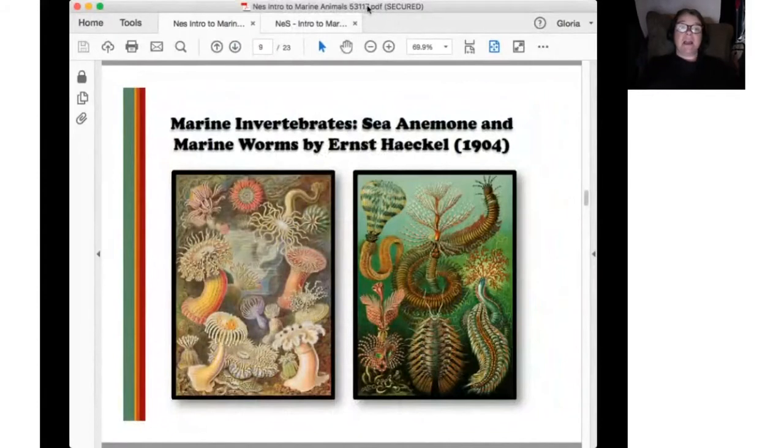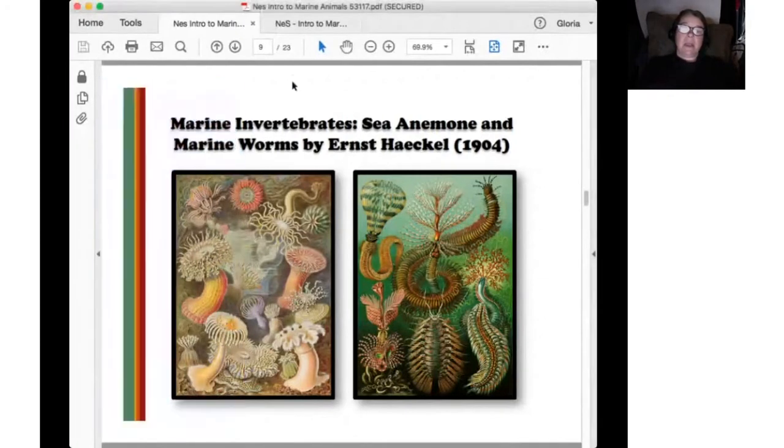Here we have a slide. These are marine invertebrate examples from Ernst Haeckel, whom we mentioned earlier. And these were done in 1904. Yes, very good, Kamala. I'm sorry if I'm butchering your names here. Yes, the sea cucumber is definitely an invertebrate.